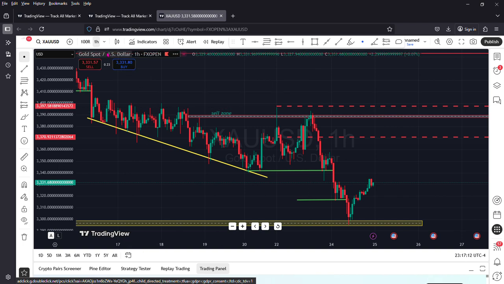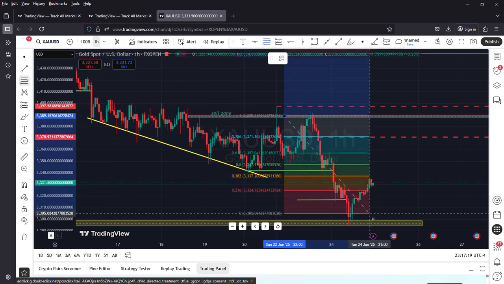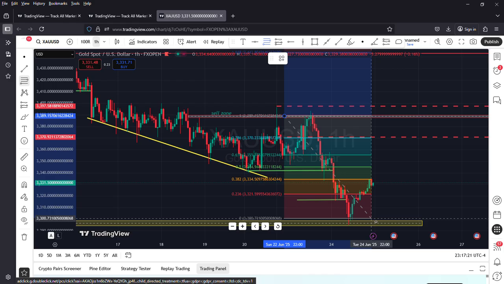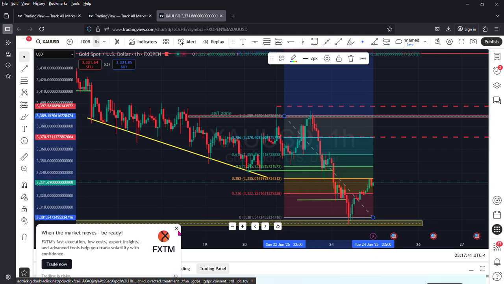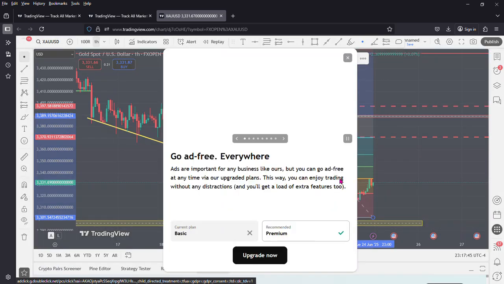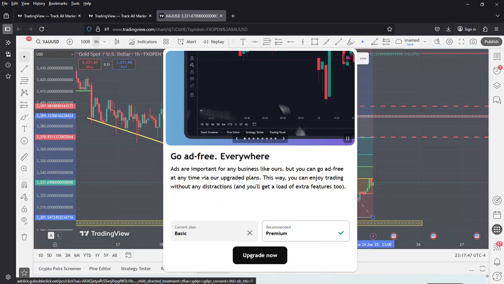So now we come to this figure. We mark our figure from the higher side to the lower side. You can see it now. It's showing that the area we see in our 4 hours is 0.7 fib. So now in our 1 hour time frame, it's showing us where the market will retrace to.